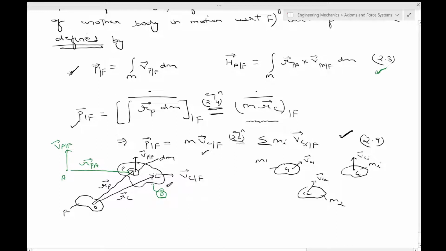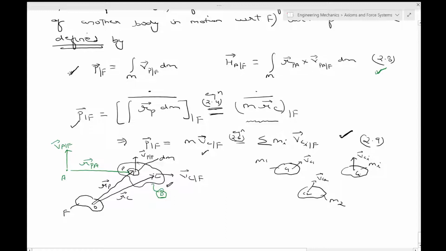So RPA cross VPA, and you have already VA and you have VP, so VPA will be VP minus VA, both in the F frame. So you have VP and VA, so you should be able to find VPA. So you have a means to solve this yourself.